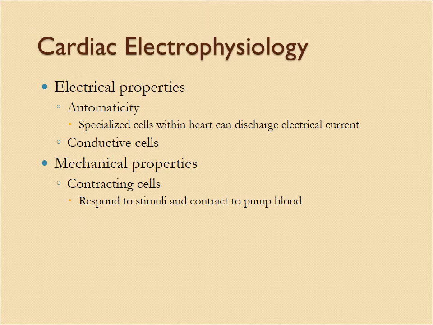We need both of these types of cells functioning for our heart to give us that heart rate and that blood pressure. If just the electrical is working, we will not see a blood pressure or a heart rate. We might see the electrical going across the ECG, but when we go to feel for a pulse or try to get a blood pressure, we will not see it if the contracting cells are not working.